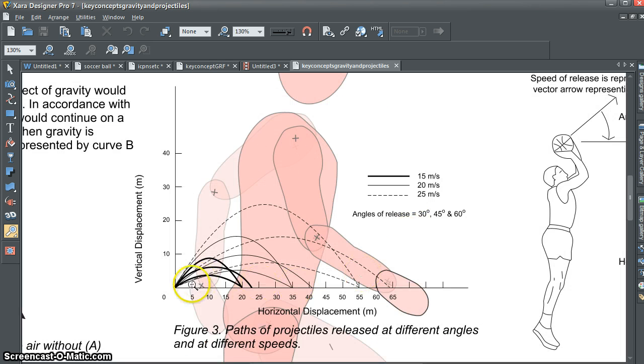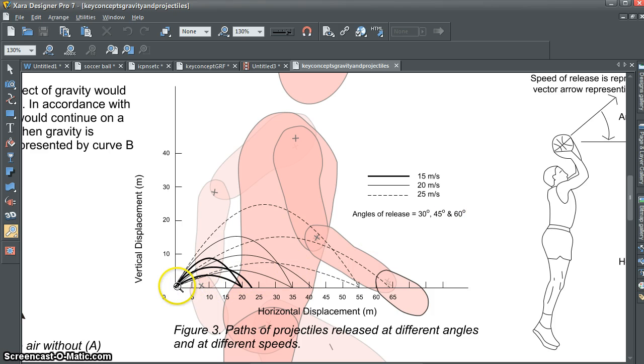Now, this diagram shows a variety of different parabolic flight paths for objects that are released with different speeds, and released at different angles.